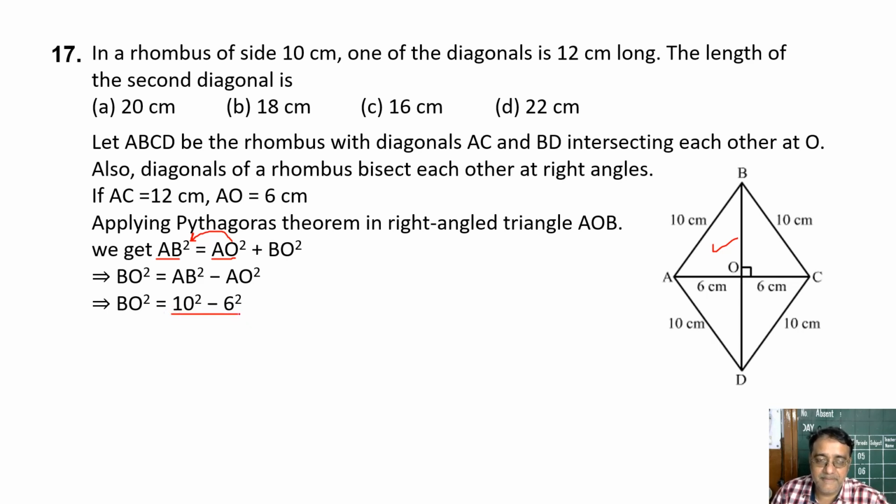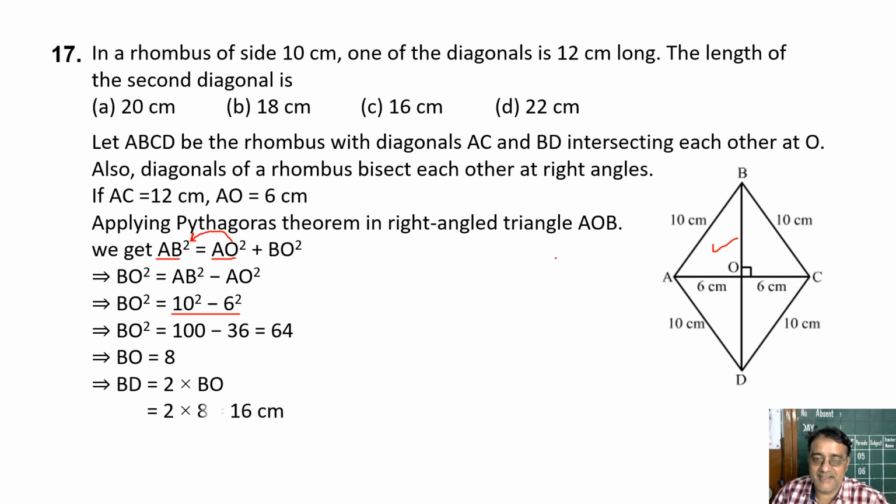What you will get? 64. Square root of 64 is 8. Okay, so we got BO. How will you get BD then? 2 times BO. That is 2 into 8, 16. Which option is the correct one? Option C. Option C, right.